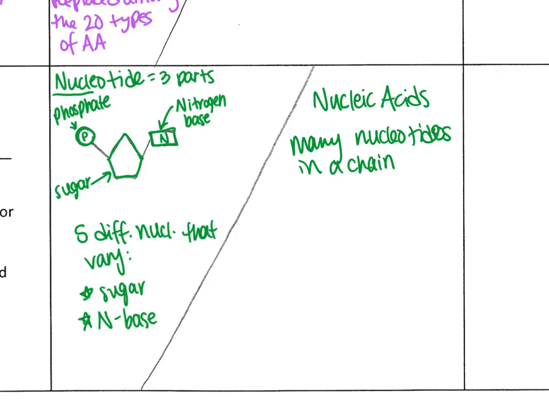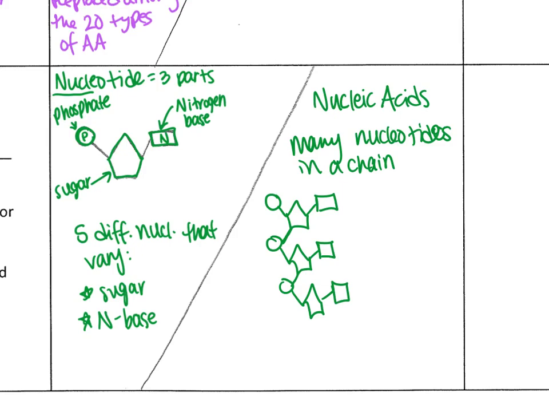For example, if I were to draw one nucleotide, we have the phosphate bonded to the 5-carbon sugar, bonded to the nitrogen rectangle. That could be bonded in a long chain connected at the bottom of the sugar to another phosphate, sugar, base. Again, another bond comes off of the bottom of the sugar, phosphate, sugar, base.